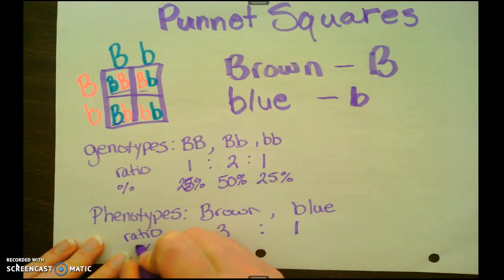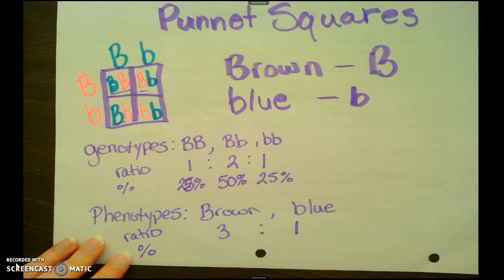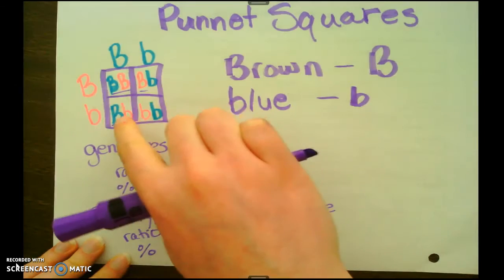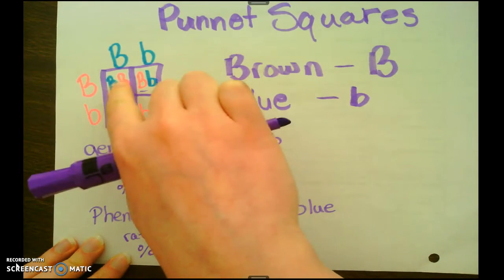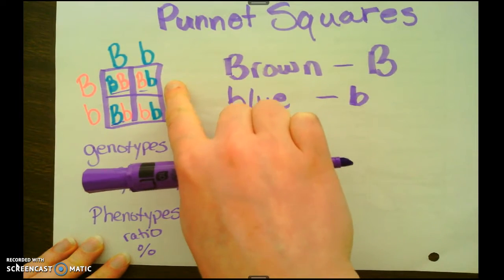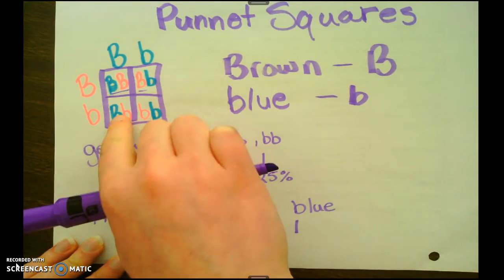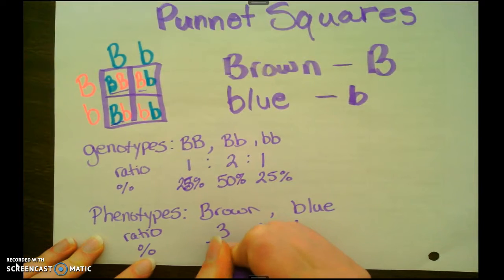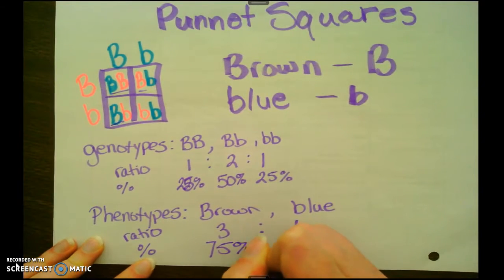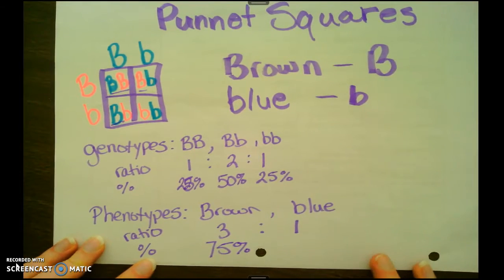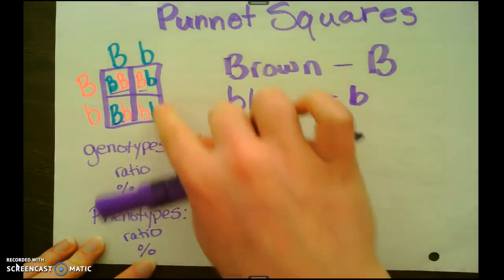And if I want to change that into a percent, I'm just counting each box as 25%. So I've got 3 boxes that made brown eyes. Well, 25 plus 25 plus 25, that's 75% of the population that should be brown-eyed.